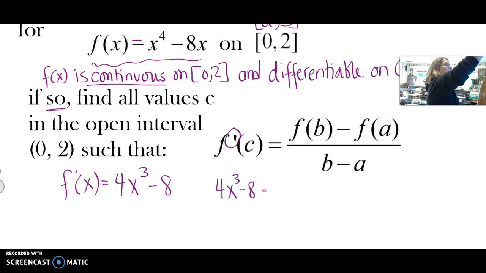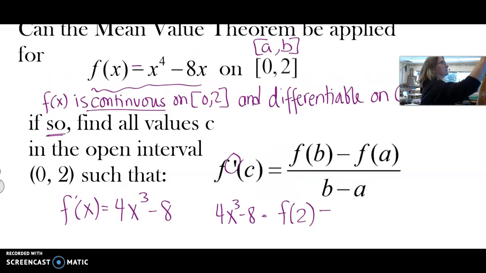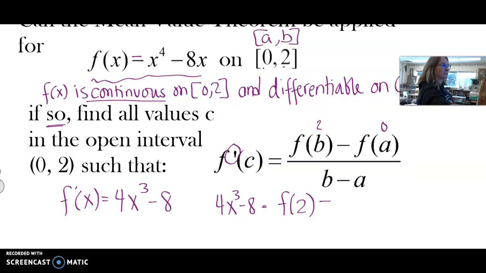But we need to find f of 2, still thinking of the last example. Remember, this is my interval, this is my a and my b, so I'm putting in 2 here for the b, and I'm going to put in 0 here for the a.